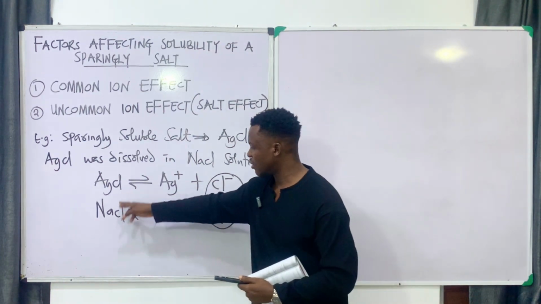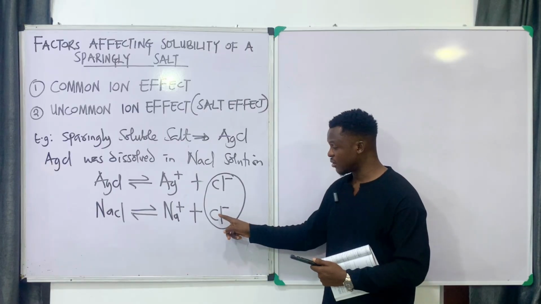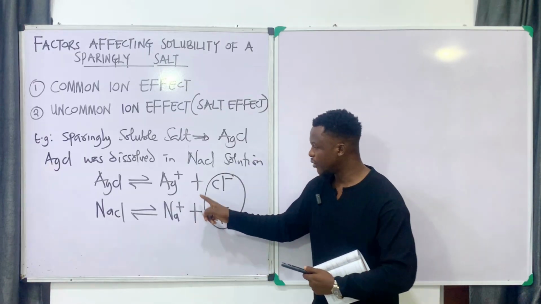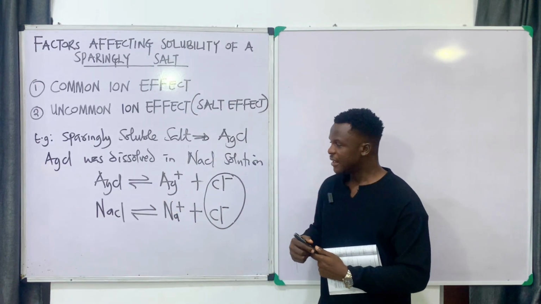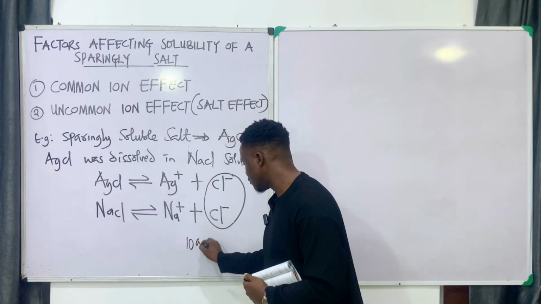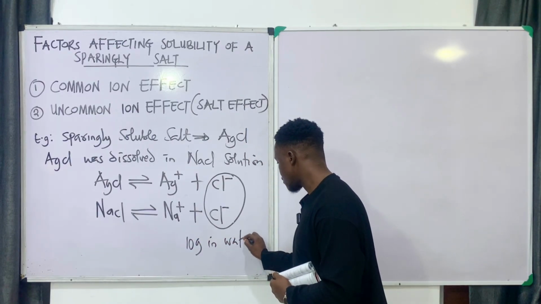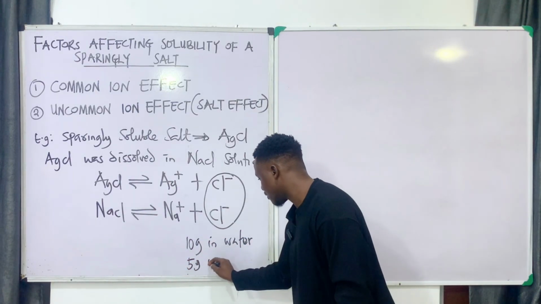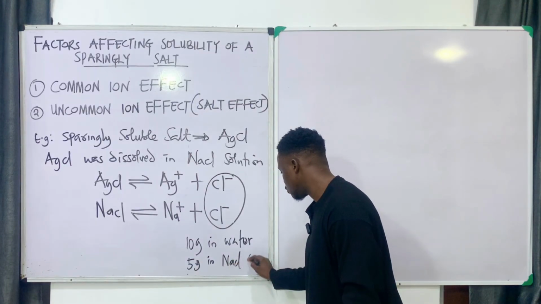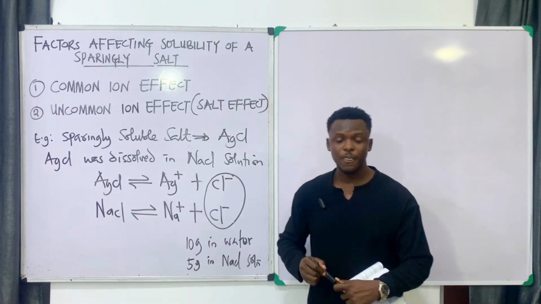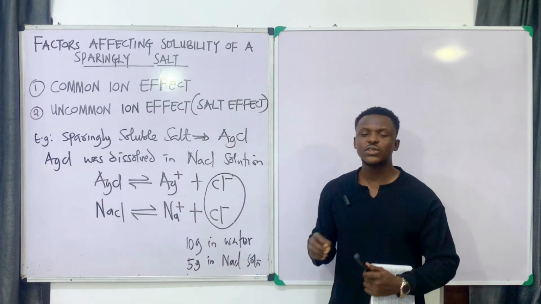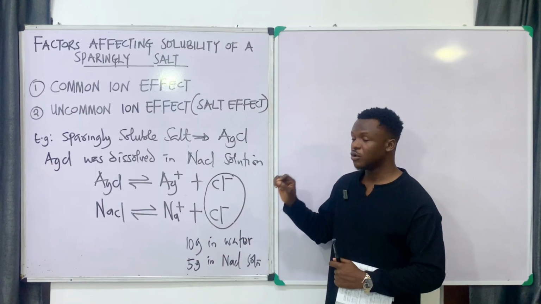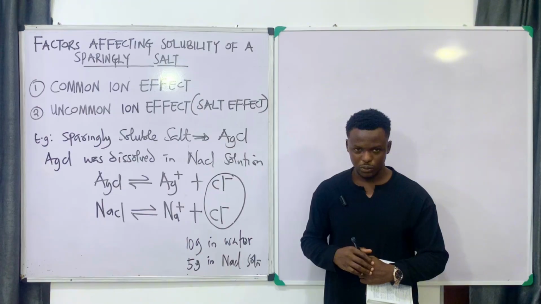But when it is dissolved in NaCl, because of the presence of Cl minus in both of them, this will reduce the solubility of AgCl. If AgCl was supposed to dissolve 10 grams in water, because of the presence of NaCl, let's say it's now going to become 5 grams in NaCl solution. Therefore, the presence of a common ion decreases or reduces the solubility of a sparingly soluble salt.